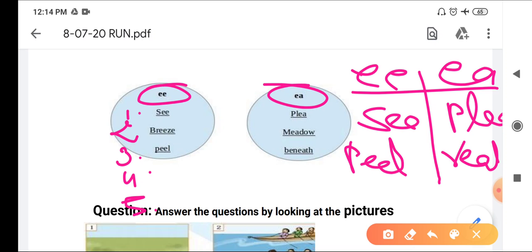Okay, in this way you will complete at least 10 words of this and 10 words of this. So see in your book or newspaper and search at least 10 words which contain double E or E A. Okay, in this way this task is complete. You will complete this in your notebook.